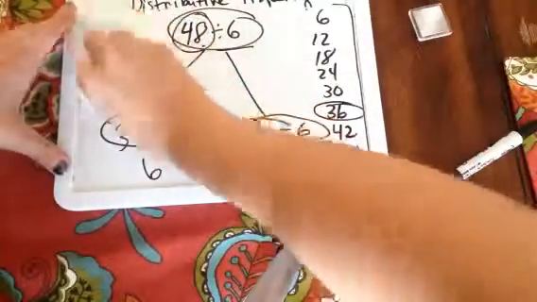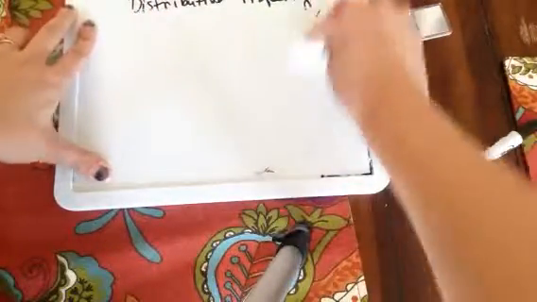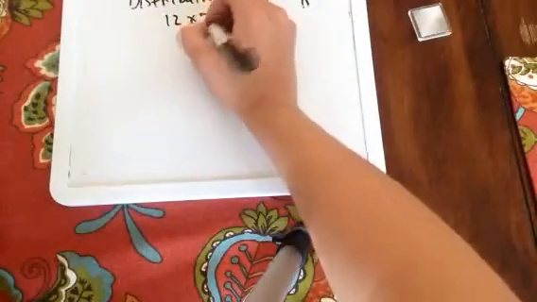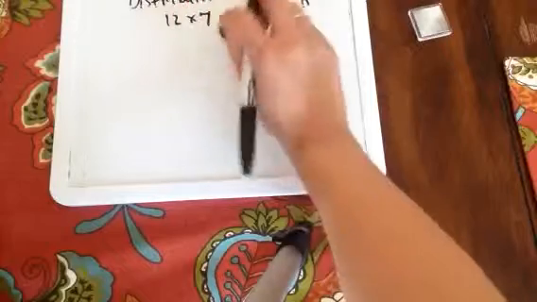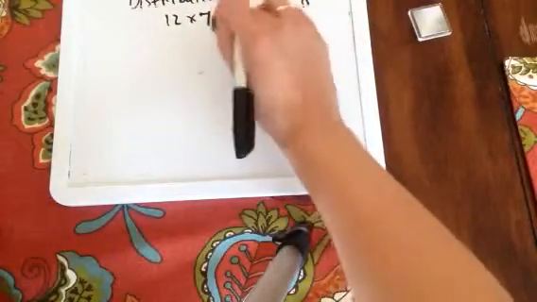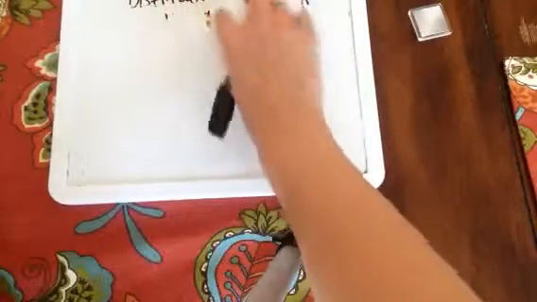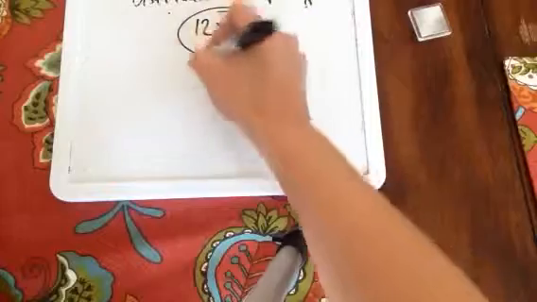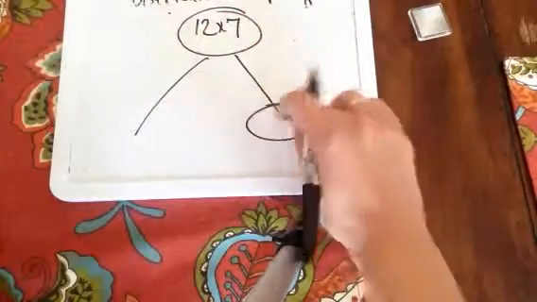Okay. But let's take a look at the distributive property using a number bond, but let's do it for multiplication, okay? So let's look at the expression 12 times 7, and we're going to look for two equations that, when they add up, equal that instead.